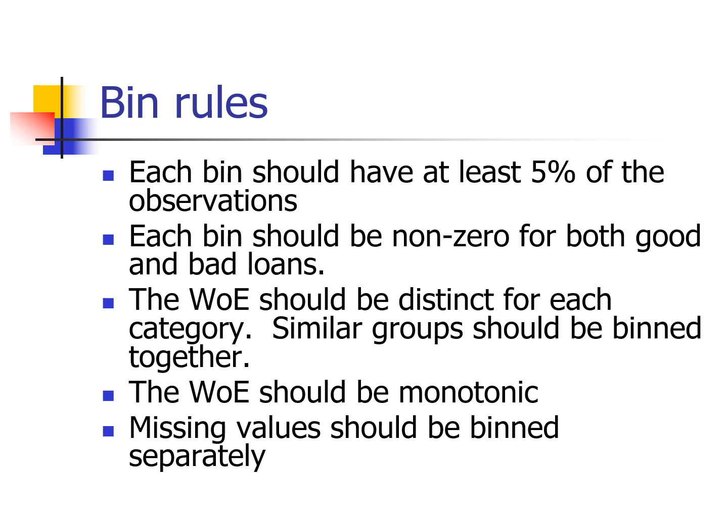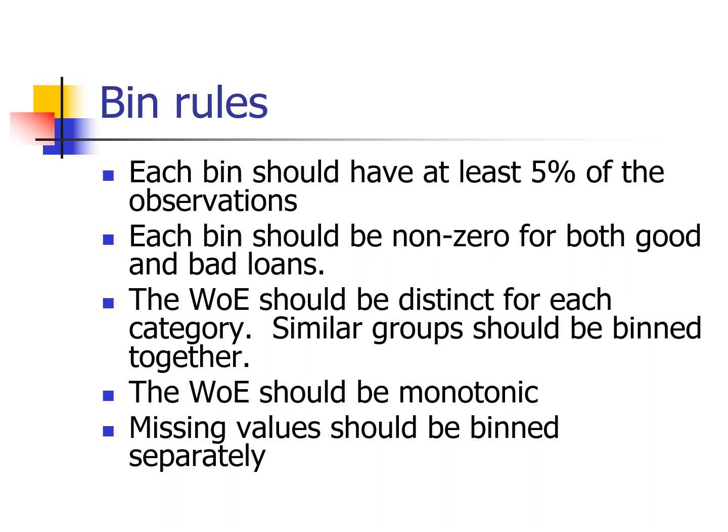Here are some widely held standard conventions. Each bin should have at least 5% of the observations, so you want a decent amount of information in every bin. Each bin should be non-zero for both good and bad loans, so there's at least one person who defaulted and one who didn't in every bin.